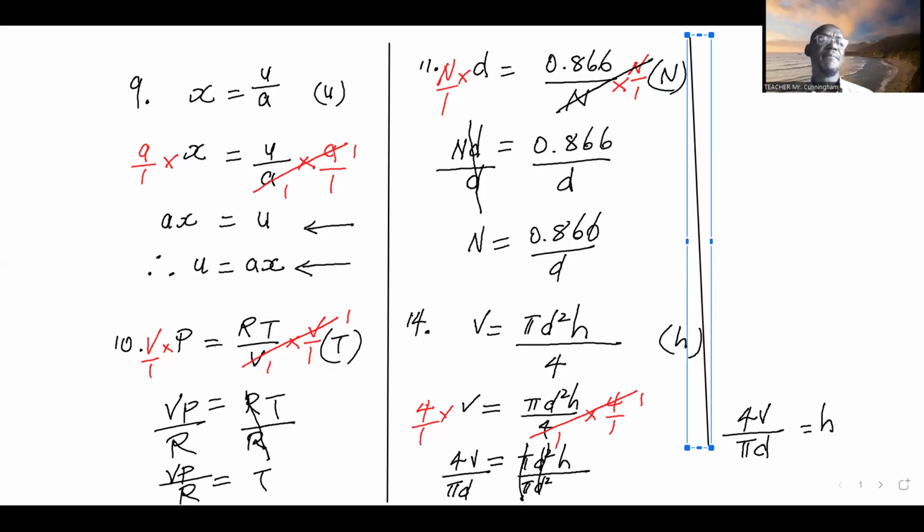All right, there's a crooked line, but that's all right. So we had 4V equals pi times D squared times H.